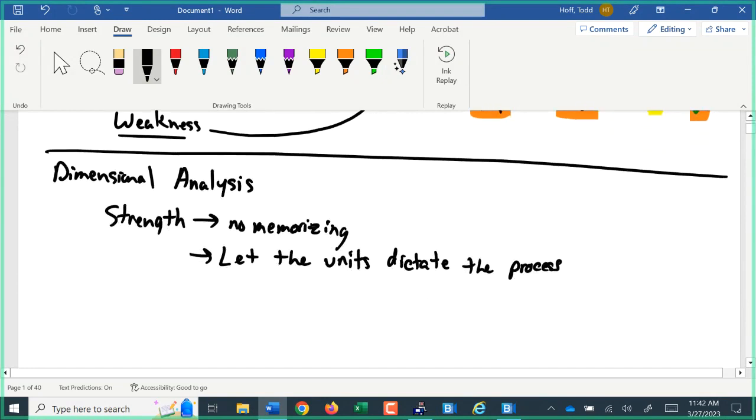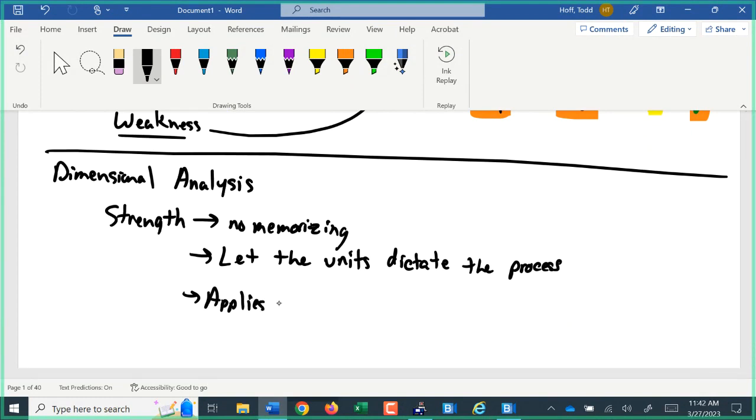The other big strength of dimensional analysis is it applies in all situations. That means that we can use it for IV flow rates. We can use it for dosages based on weight, dosages based on body surface area. I'm going to use it for safe dose calculations. It can literally do anything without having to memorize a bunch of new formulas.